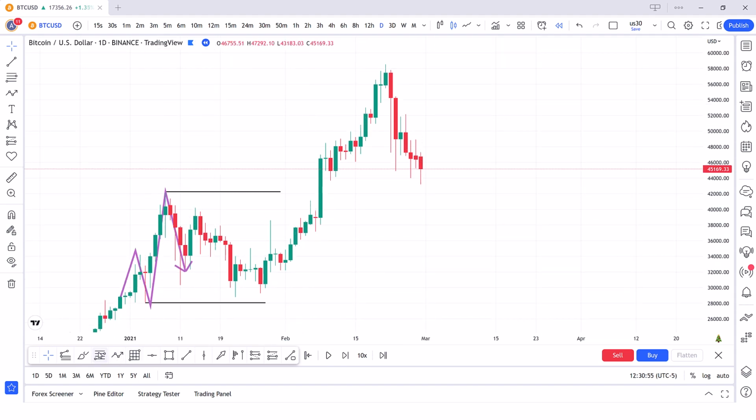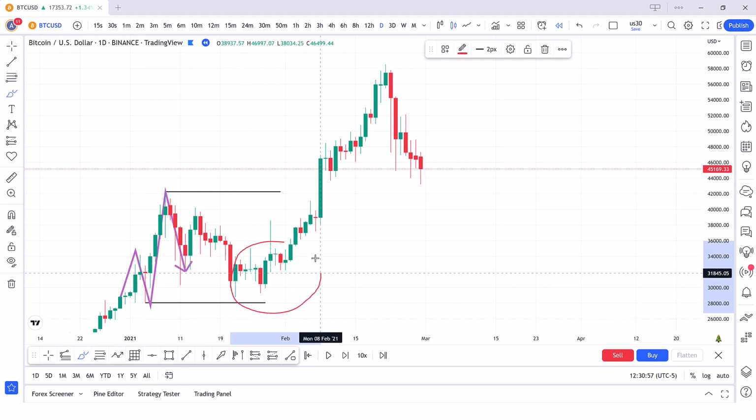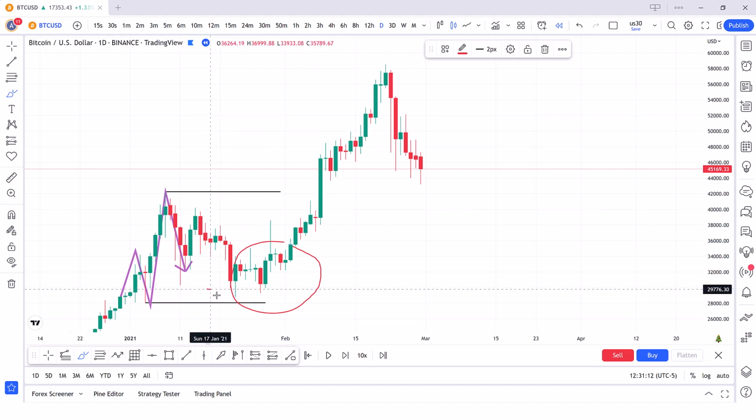I mean this low should be protected, because a lot of traders, a lot of market makers, a lot of people with power, knowledge and money entered the market for a buy, and if the market comes down and goes under this low, they are going to become negative and lose a lot of money, and they won't allow that.